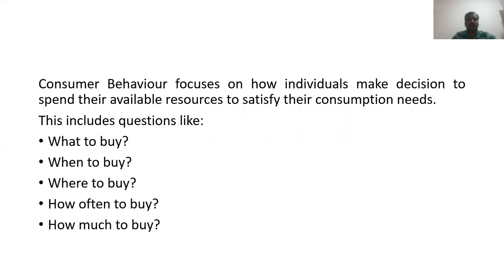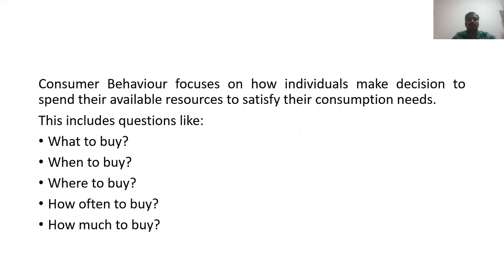First of all, the manufacturer or marketer has to know what to buy, who are the buyers, whether the product manufactured by the marketer is for youngsters, for senior citizens, or for children. If he makes that clear, then he can easily understand the meaning of consumer behavior.